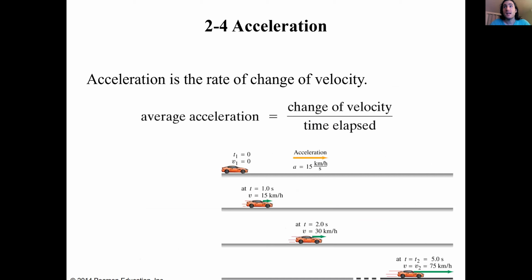So average acceleration is simply the change in velocity divided by the time elapsed, okay? Instantaneous acceleration, that's a very complicated issue. We really need calculus to understand that. Even those of you who are in physics 210, I will not expect you to compute the instantaneous acceleration of a complicated system.